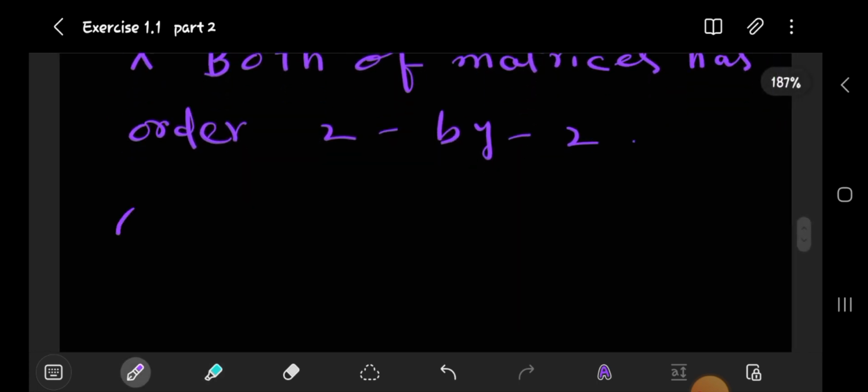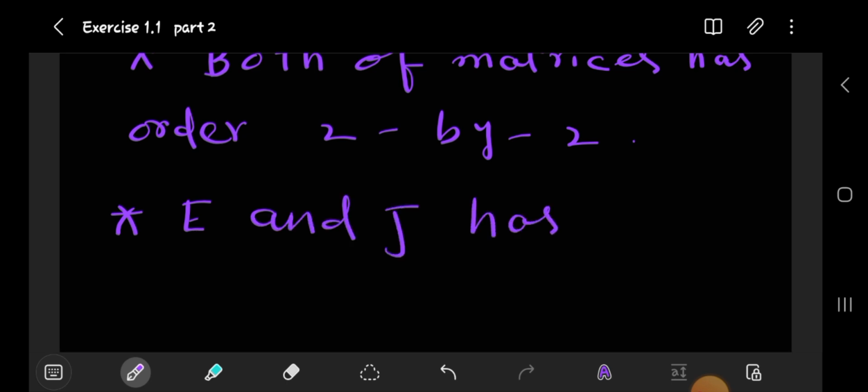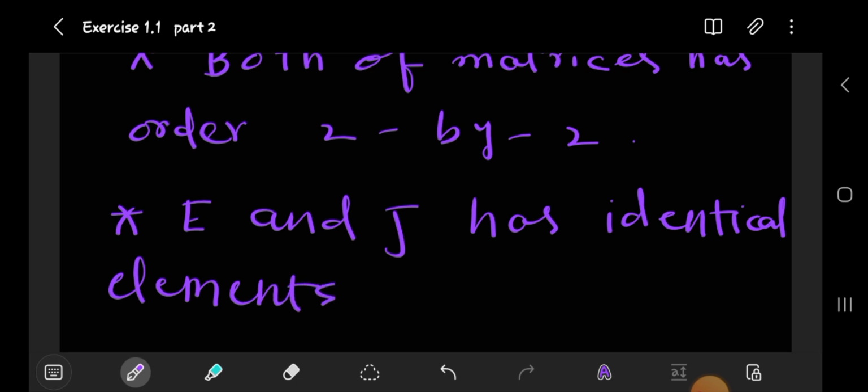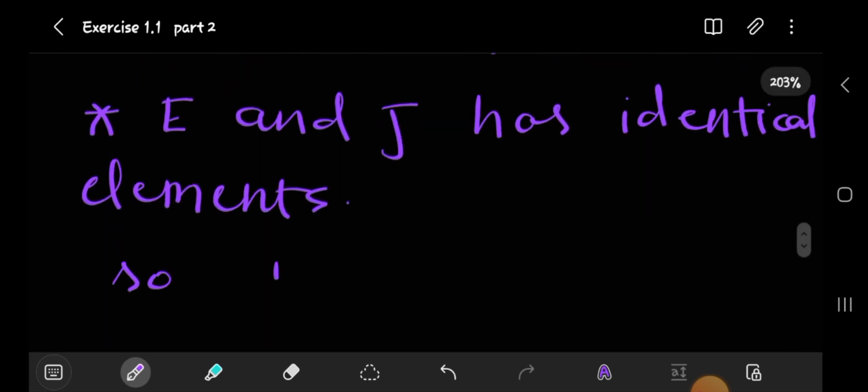So we can say that E and J, both matrices, have identical elements. So E is equal to J. E and J, both matrices are equal.